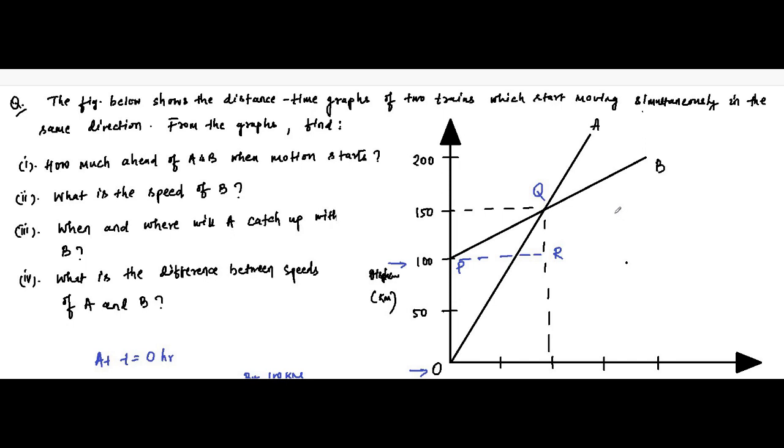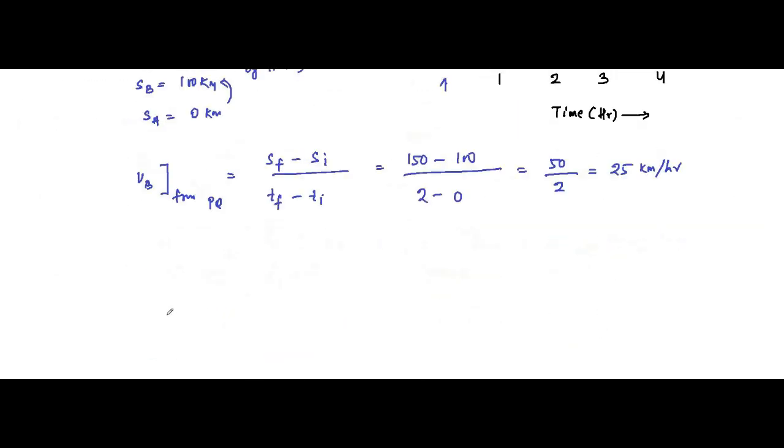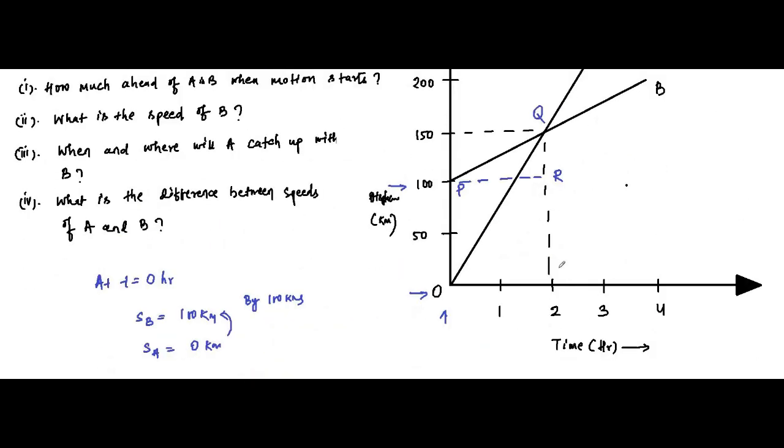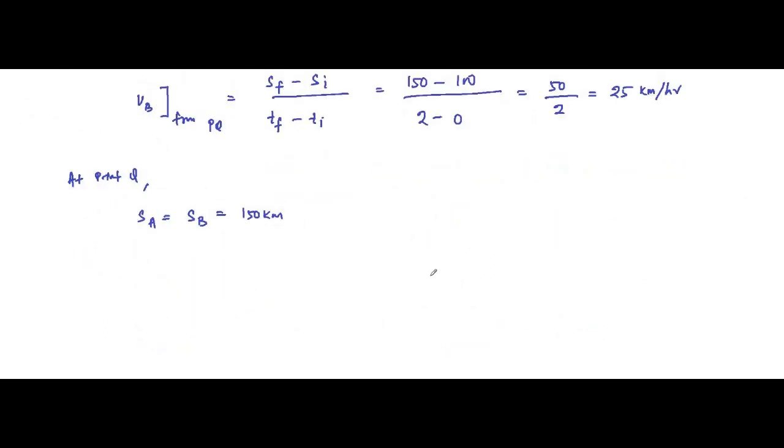At this point Q, the distance traveled by train A is equal to train B, and that is 150 kilometers, and the time is t equals 2 hours.